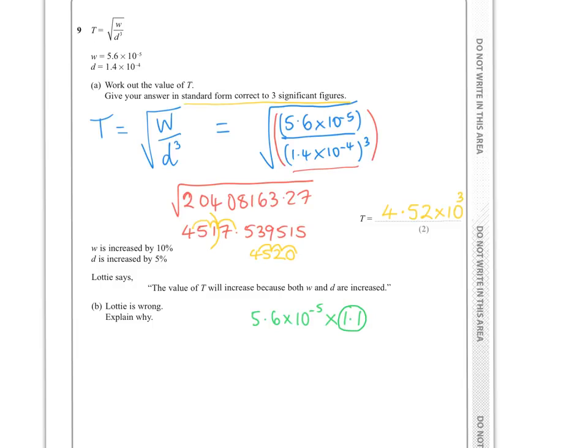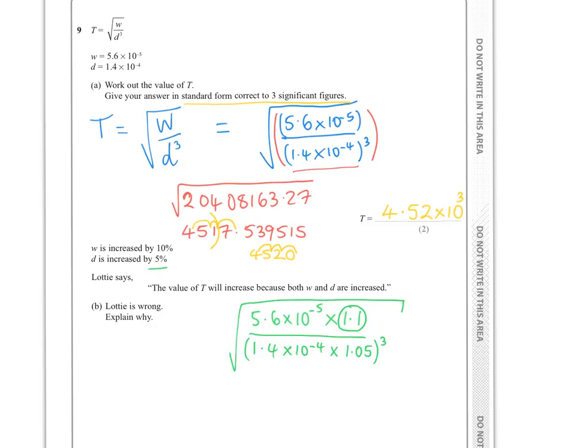And the D value, which is 1.4 times 10 to the minus 4, that's times by 1.05, which is an increase of 5%, but that's done 3 times in succession because it's cubed.